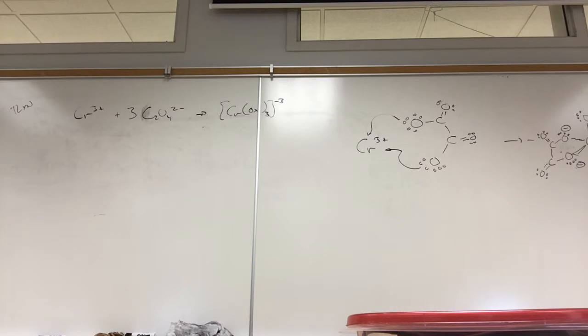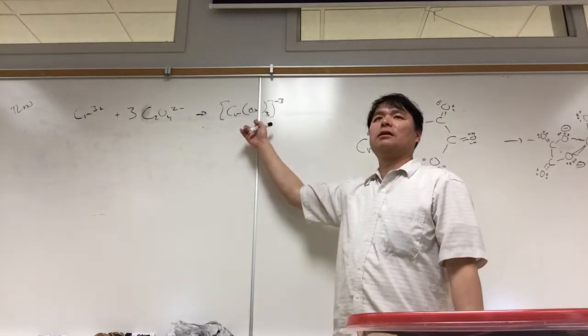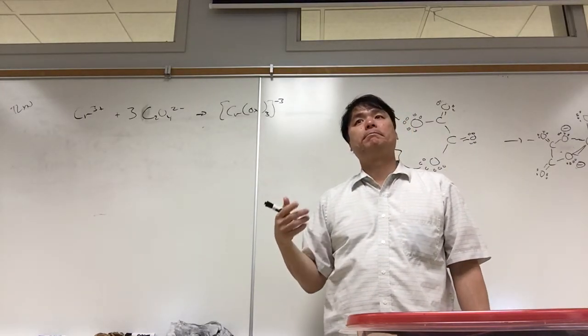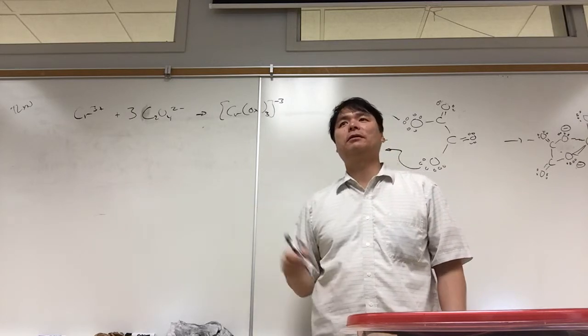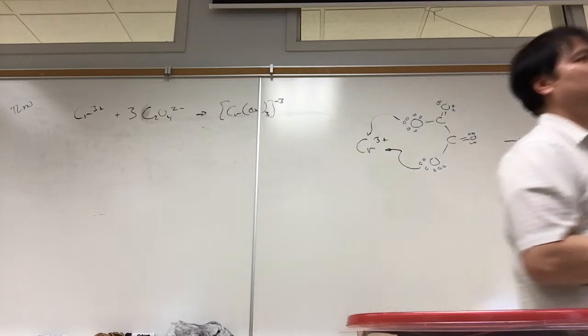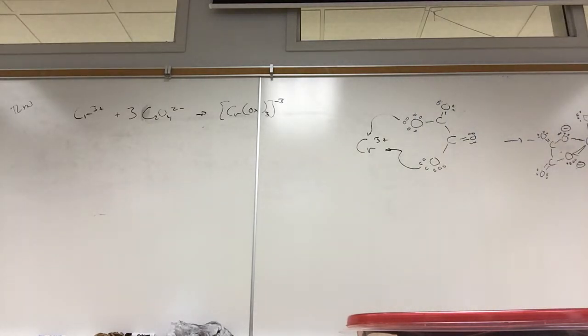This is not accurate. I think whoever formulated these rules thought, one, it's a lot easier not having to worry about the coordinate covalent bond. Just treat it the same as before.